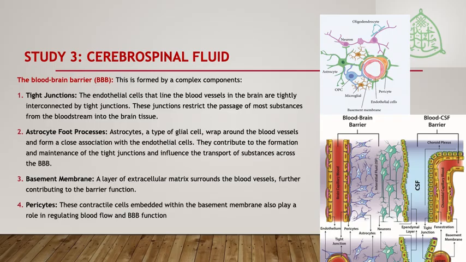Other structures also reinforcing this are the pericytes, which are also important, as well as the microglia cells. The microglia cells help to hold all the structures in place, and those are mostly the cells that make up the gap junctions.